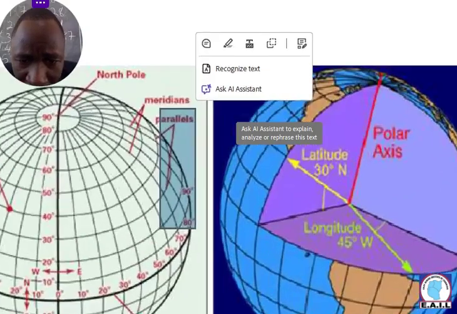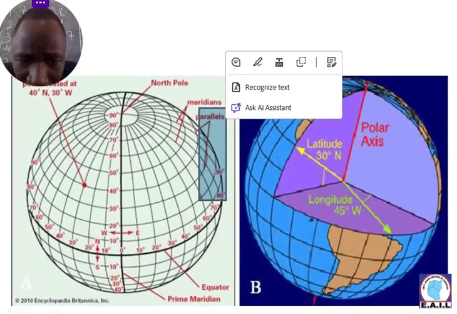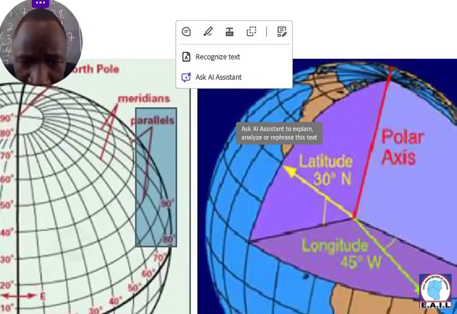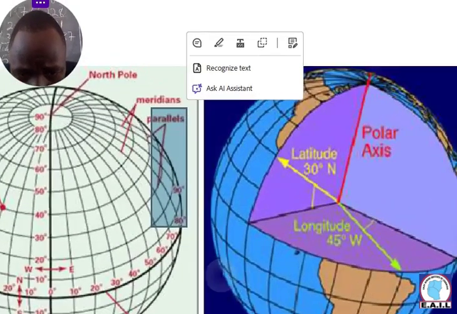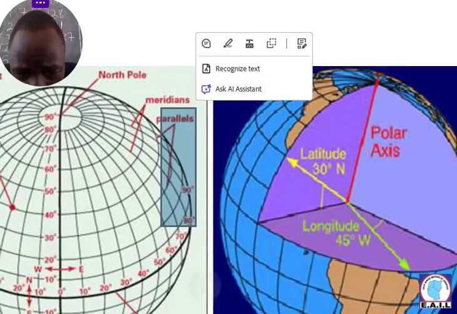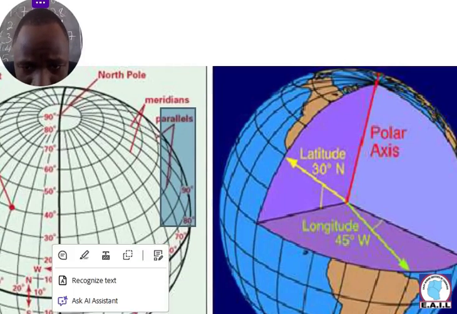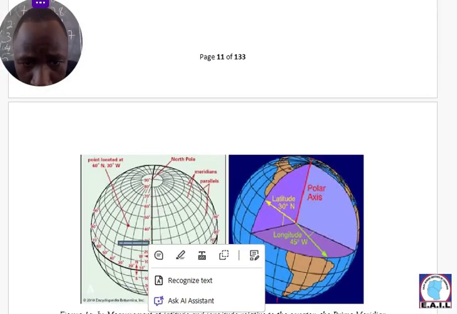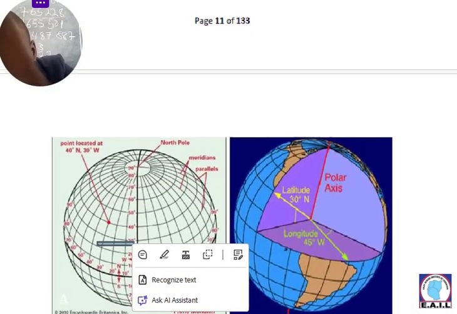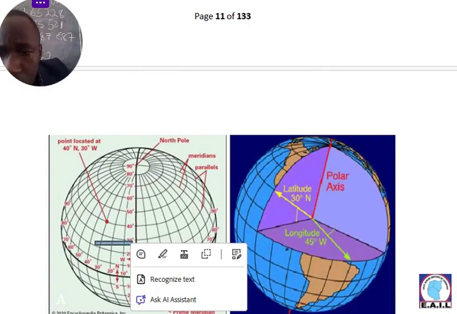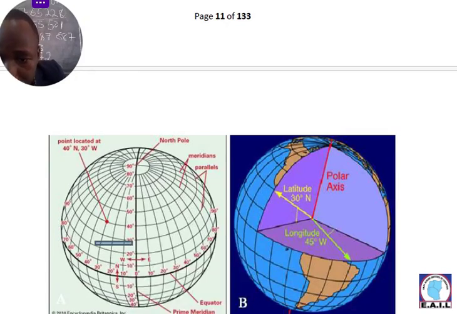We are also seeing that imaginary line that starts at 0 degrees and extends up to 360 degrees. So those are the imaginary lines we are looking at. When you proceed to the other diagram, it clearly shows how the angles are measured.